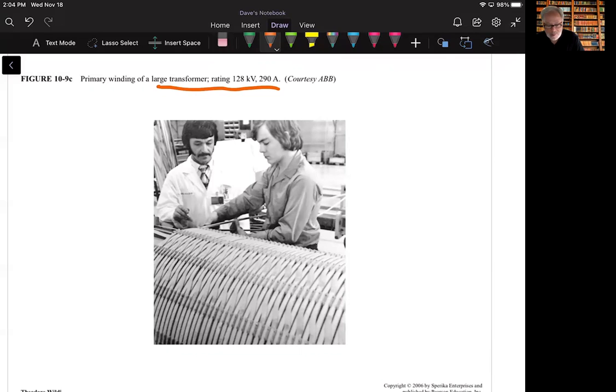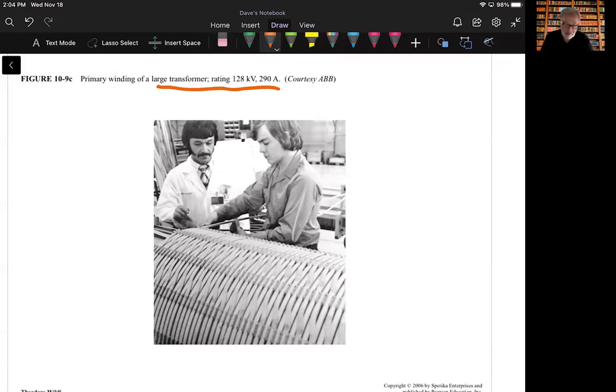The number of turns on the primary and secondary windings depends upon their respective voltages. A high voltage winding has more turns than a low voltage winding. On the other hand, the current in the high voltage winding is much smaller, enabling us to use a smaller size conductor. As a result, the amount of copper in the primary and secondary is about the same.